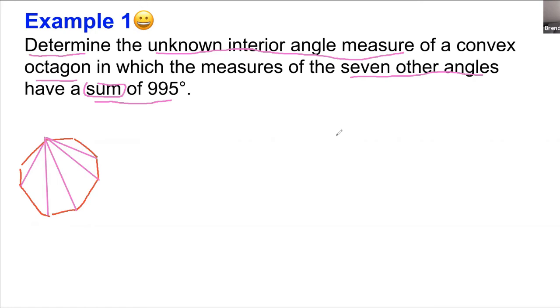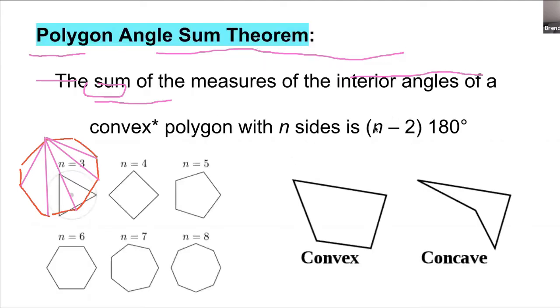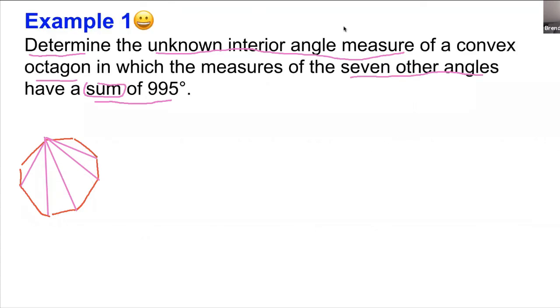However, if we use our polygon angle sum theorem, it says that we just need the number of sides, subtract 2, and we will receive the sum of the interior angles inside this polygon. So let's do that first. What is the number of sides of an octagon? Well, we know an octagon has 8 sides.